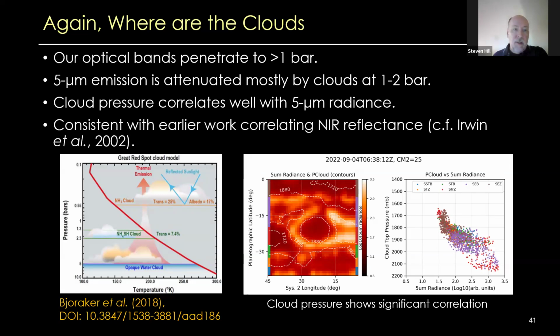This is consistent with earlier work that Irwin and others did that correlated near-infrared reflectance with the radiance at 5 microns. But here we're looking at the actual cloud pressures, not just another reflectivity.